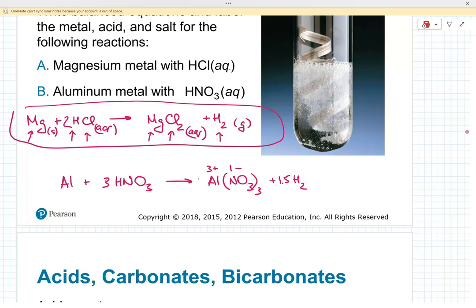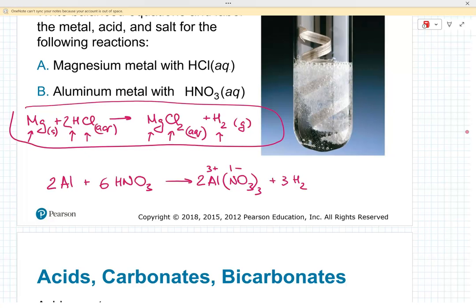Look, I'm going to multiply each and every component by 2. If I multiply 3 by 2, what do I get? 1.5 by 2. Check the balancing. Checks out.